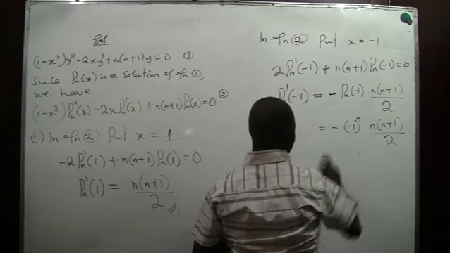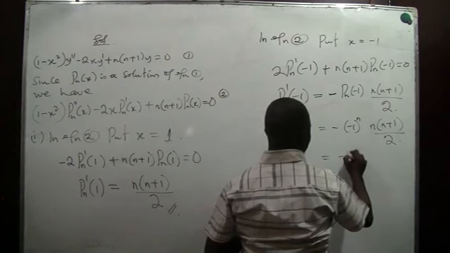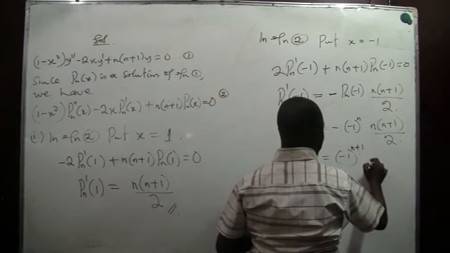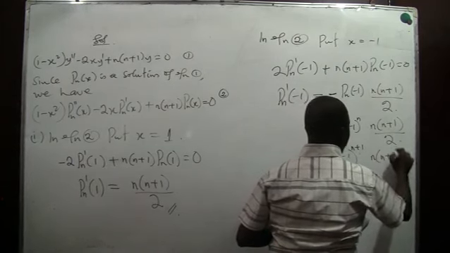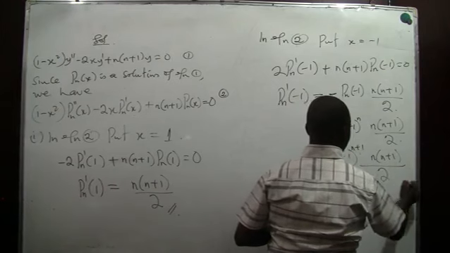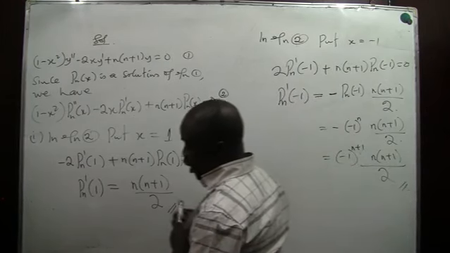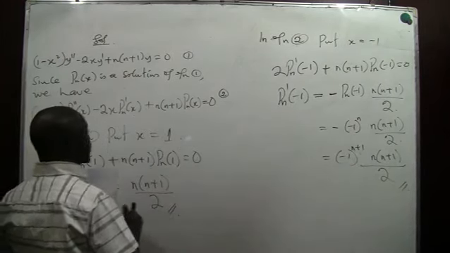Now, apply the law of indices at this point. We have (−1)^(n+1) n(n + 1)/2, which is the second part of the A part of the given problem.